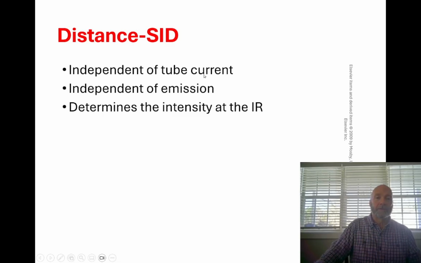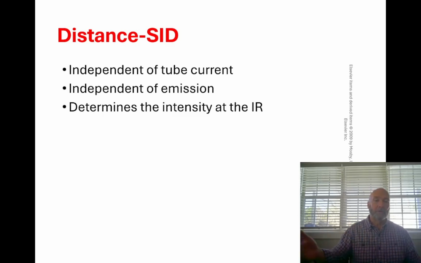So it's independent of tube current, meaning that you can increase or decrease SID and the tube current doesn't change. And that comes with a caveat that if you're phototiming, the tube current will change. But unless you're phototiming, if you're setting a technique, then SID is independent of tube current, meaning that what you do with SID has no effect on tube current at all.